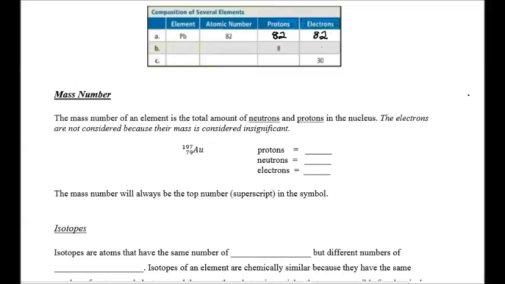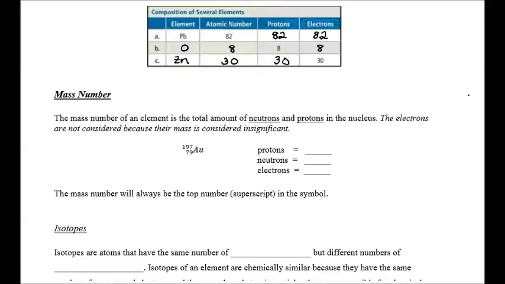If we have 8 protons, we will have 8 electrons. Our atomic number is 8, and if we look up atomic number 8, it is oxygen. If we have 30 electrons, we will have 30 protons. Our atomic number will be 30, and we look up atomic number 30, and it is zinc.